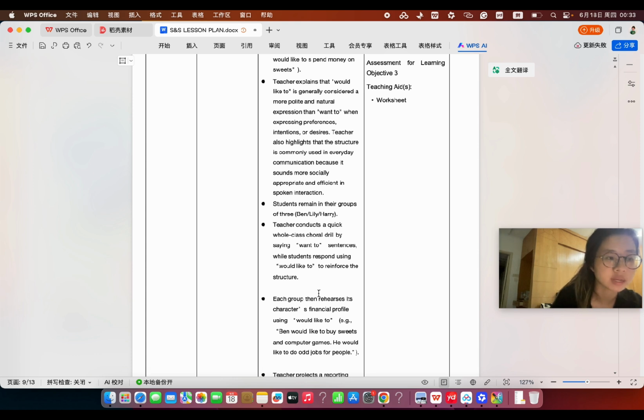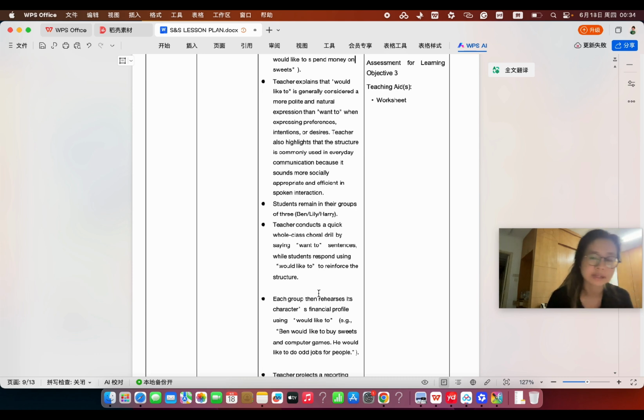During this reporting session, students apply both information gathered from the listening task and the target grammar structure. This stage moves learners from comprehension to production and demonstrates the gradual release of responsibility model, where teacher support is slowly reduced as learners become more independent.